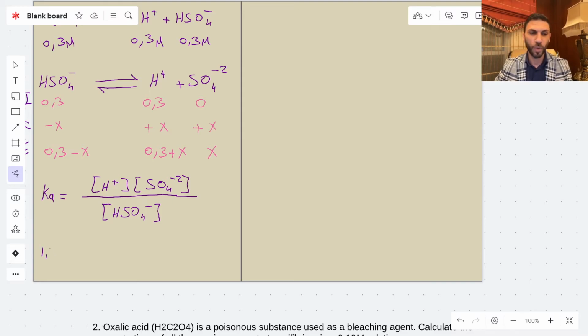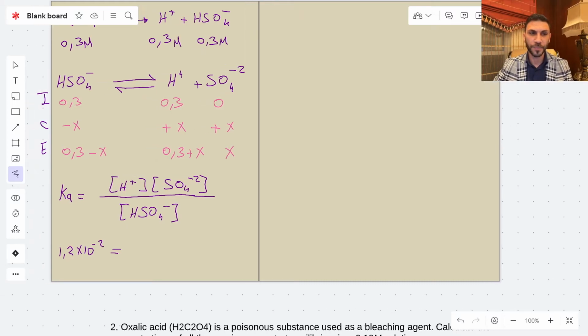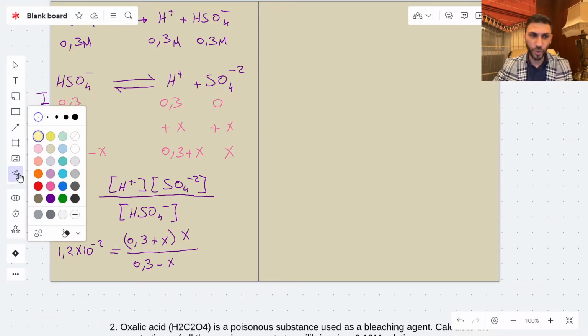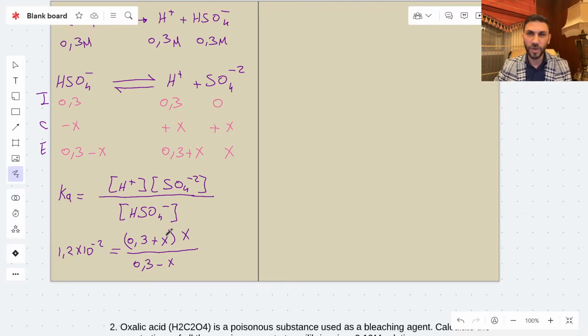So 1.2 times 10 to the power of negative 2 equals to, here we have the H positive at equilibrium, which is 0.3 plus X, multiplied by X, divided by 0.3 minus X. Now, before, to make it easier, we used to say, all right, X is very small amount.